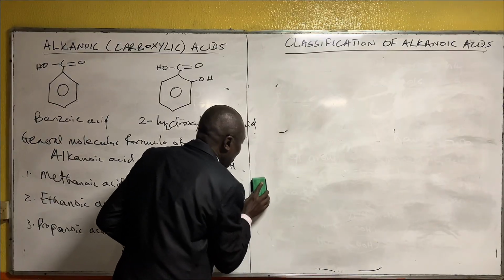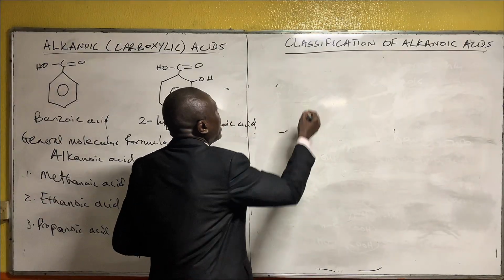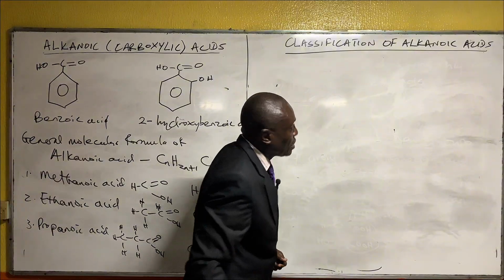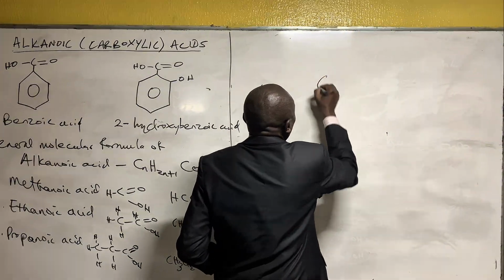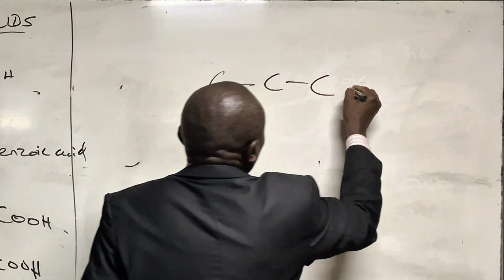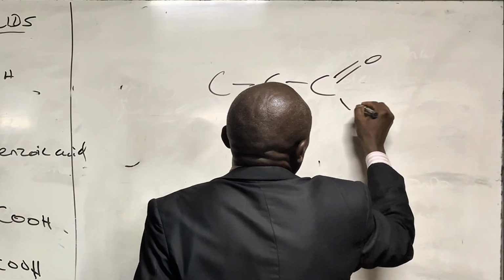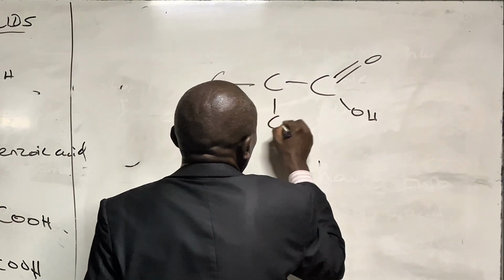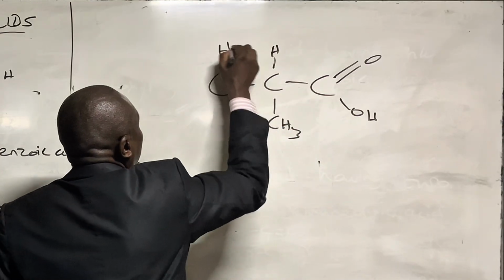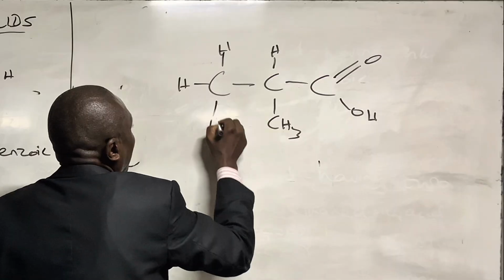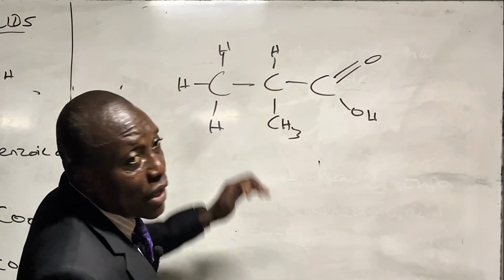Now, there are cases where the alkanoic acid may have a substituent, like a compound like this. Now, this is an alkanoic acid.